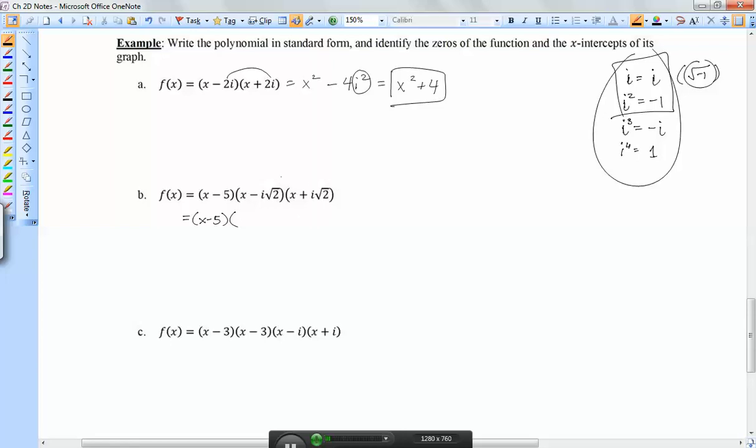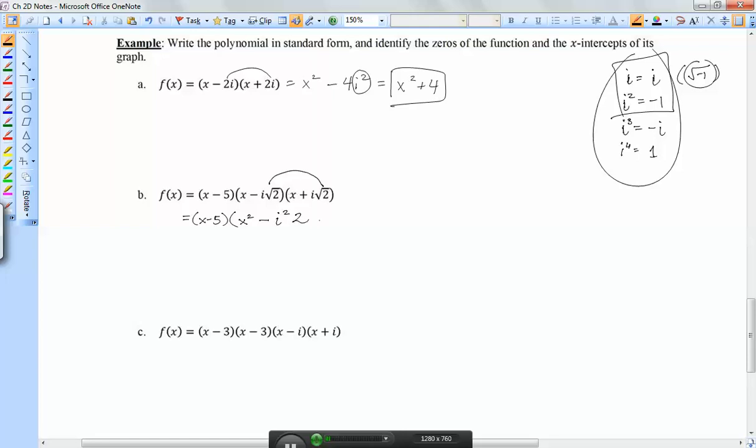And then the terms ix root 2 and xi root 2, one of them's positive, one of them's negative, so they're going to cancel. And then I'm just left with the negative i root 2 times the positive i root 2. So it's going to be minus i squared, and root 2 times root 2 is 2.